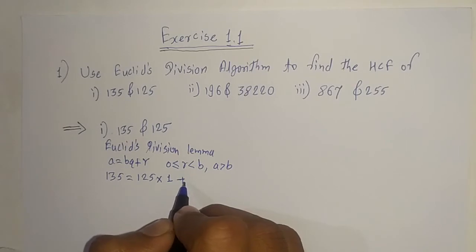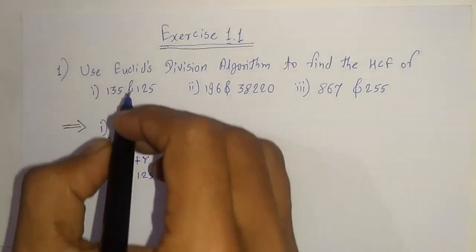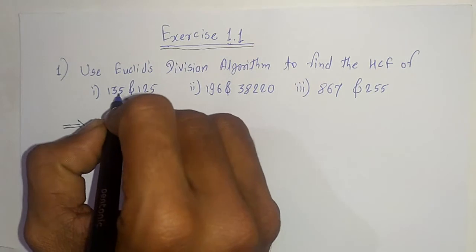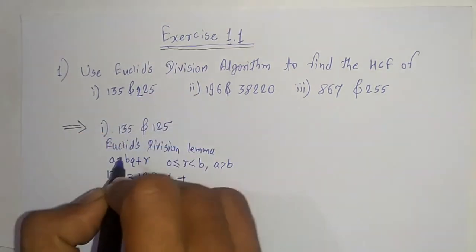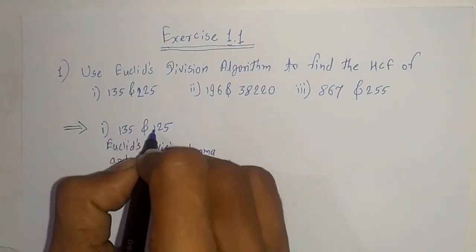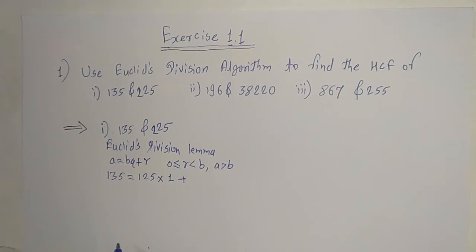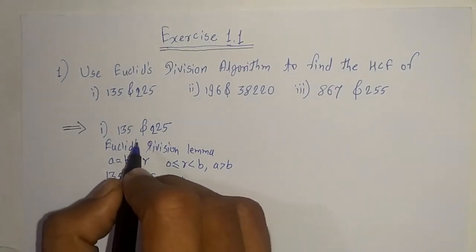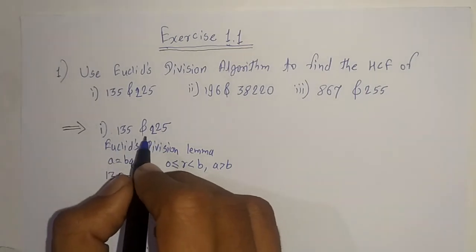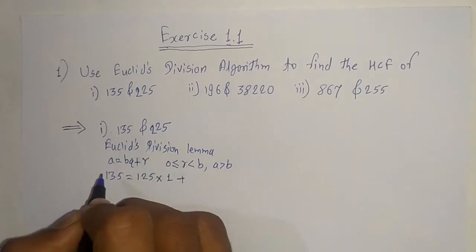What will be the remainder in this case? Sorry, the example given in your book is 135 and 225. Okay, it has to be 225. So value of A should be 225. A is greater than B, so A should be 225.